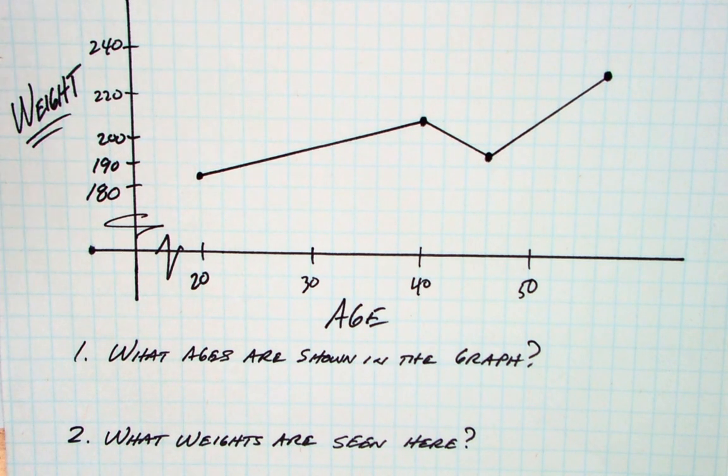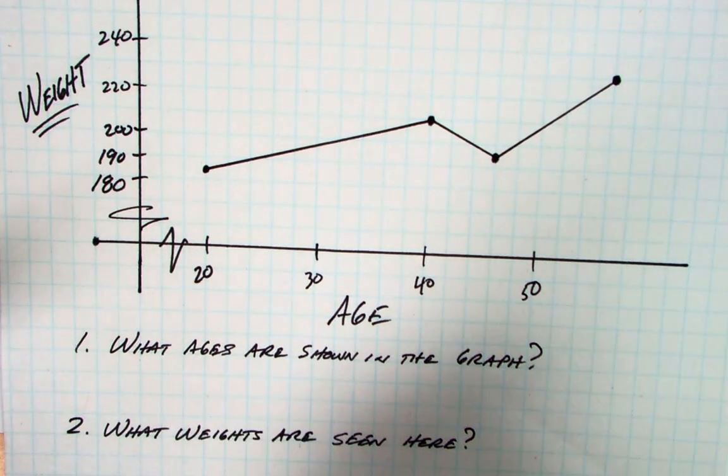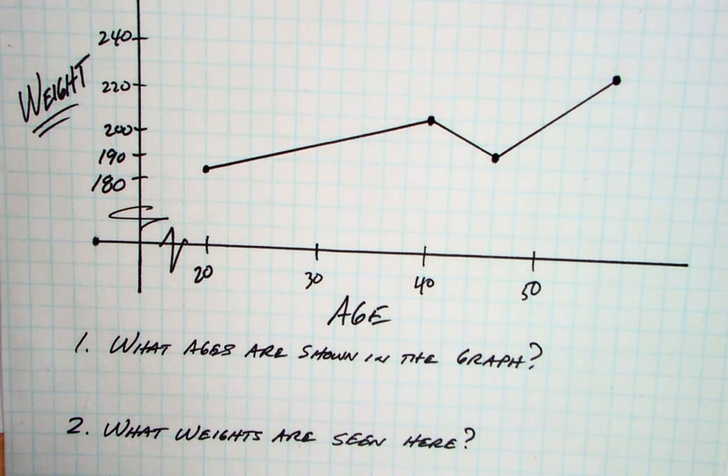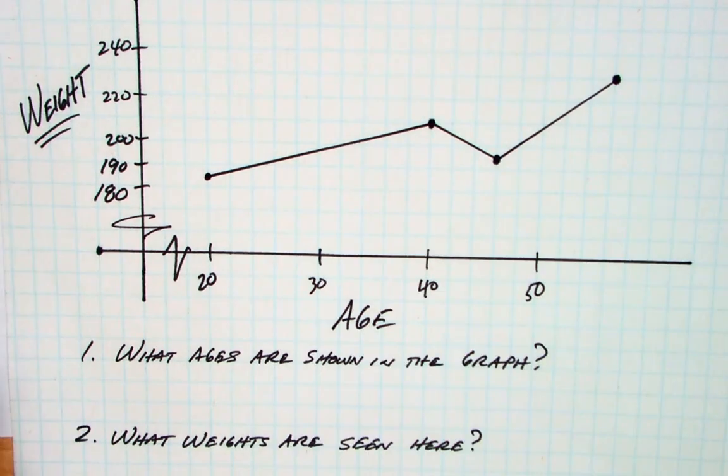This one is not one-to-one. One-to-one would mean that I weighed 210 at only one period of time in my life. It's not one-to-one. One-to-one means one result for only one input. Functions, each input can only have one result.